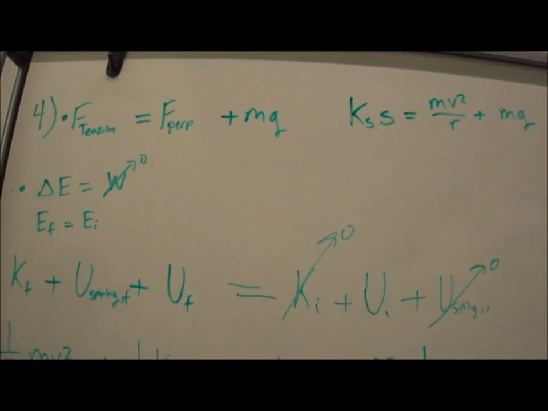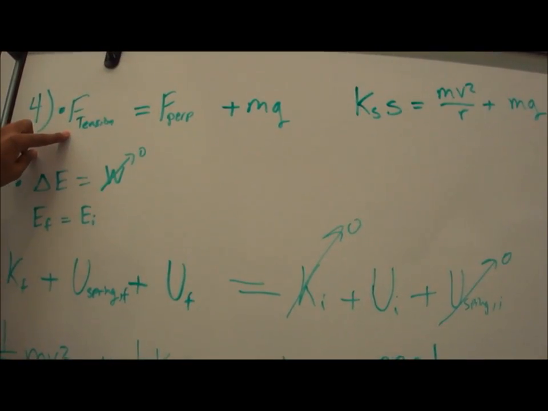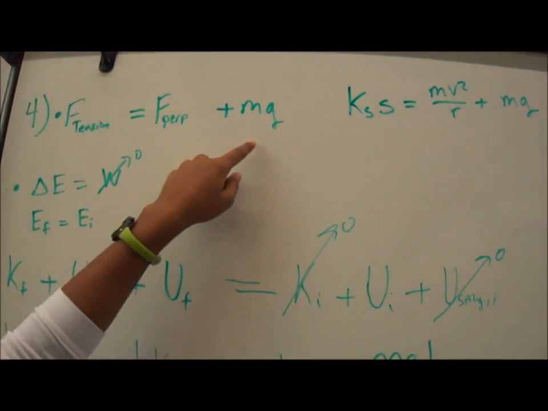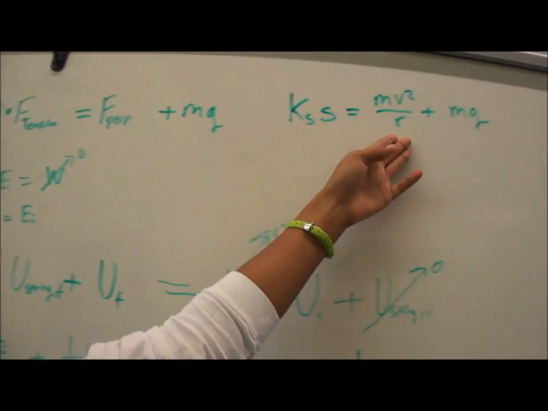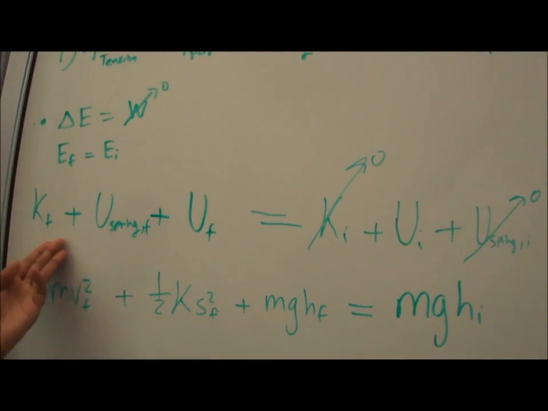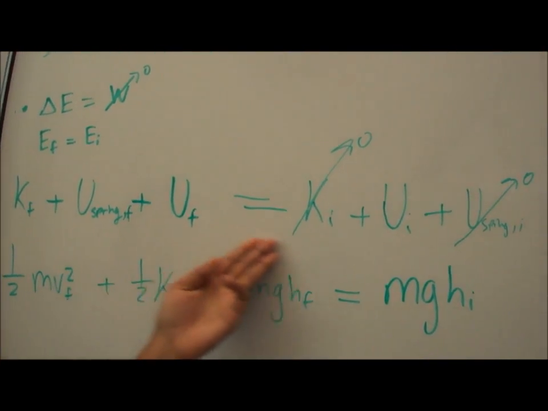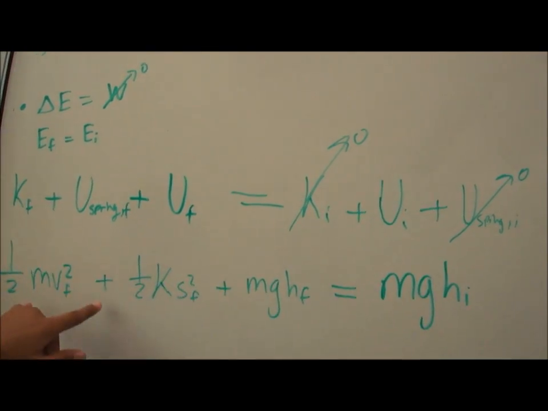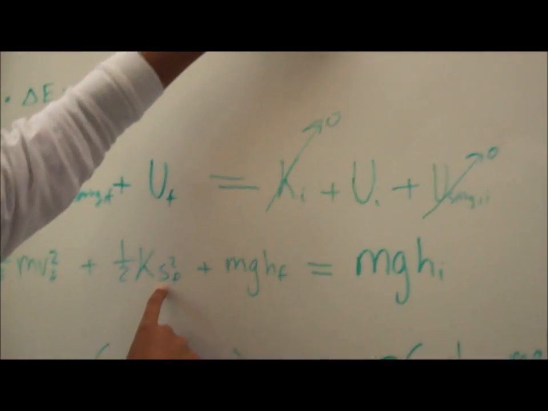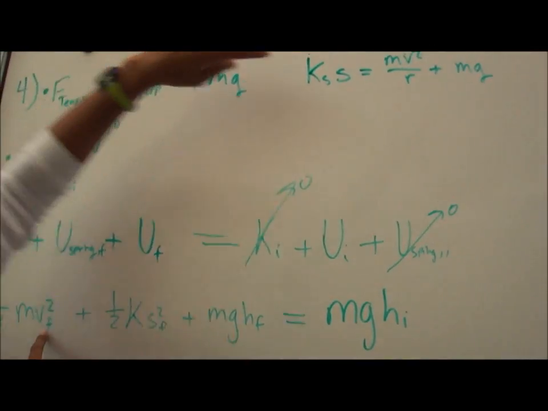Then we had to estimate the stretch of the rope at the bottom of the swing. This was one of the formulas I had: F tension equals F perpendicular plus mg, which is the force of gravity. And then I also used the energy principle to get this here. So in both of these formulas, I had two unknowns: the stretch of the spring and the final velocity.